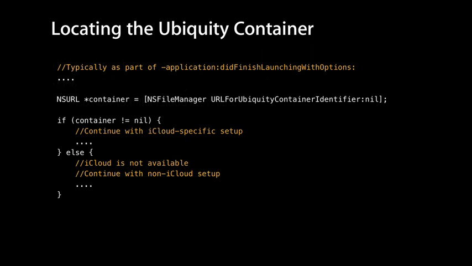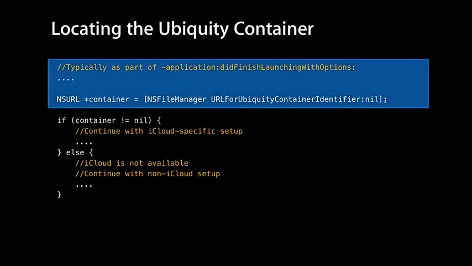You typically want to locate your ubiquity container as part of your application launching and resuming. So here, we're going to take a look at some code as written in application:didFinishLaunchingWithOptions:. The first thing you want to do is call NSFileManager's URLForUbiquityContainerIdentifier. You'll notice we've passed in nil. When you pass in nil, the APIs will automatically look at your entitlements, pick out the topmost ubiquity container, and use that by default.